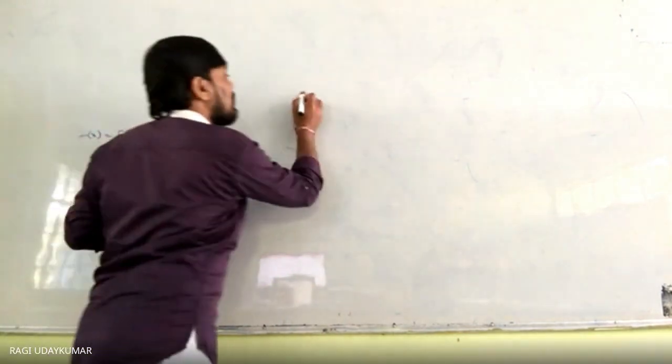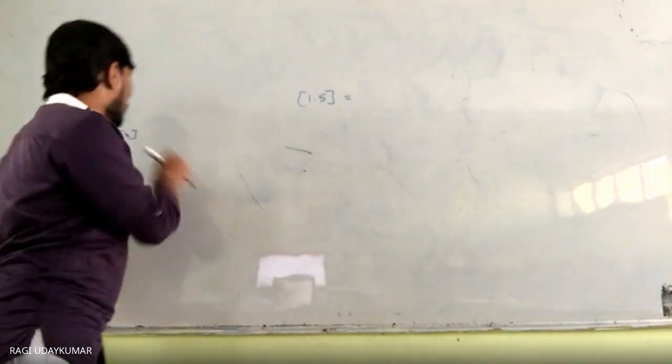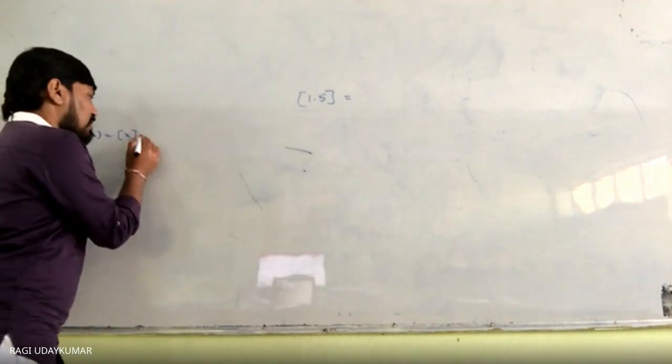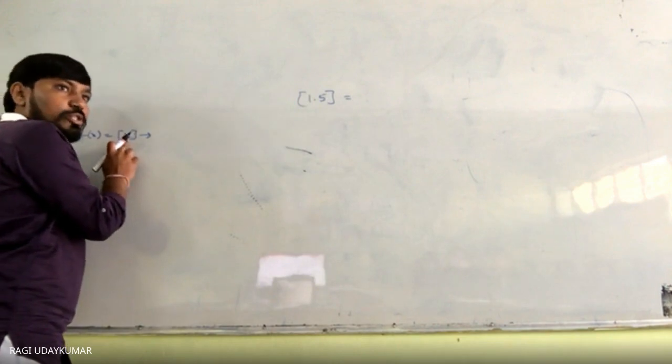Suppose I have given you 1.5. What is the greatest integer value of the function? What is the meaning of this? This is the greatest integer less than or equal to x.